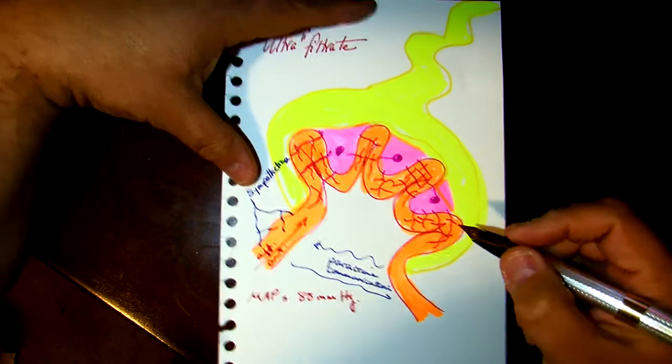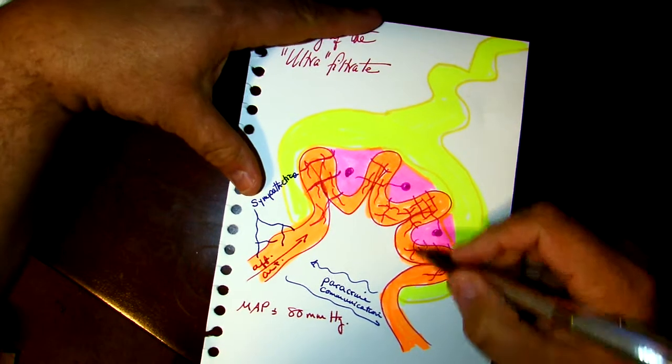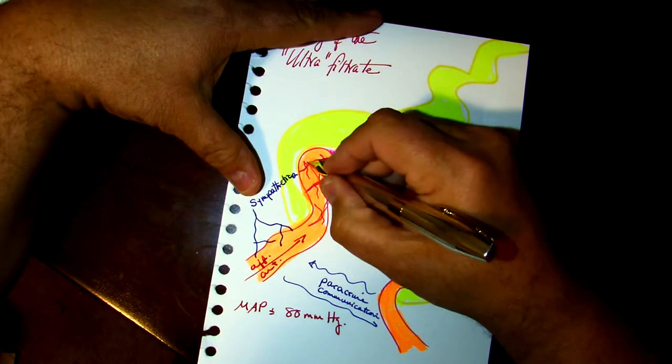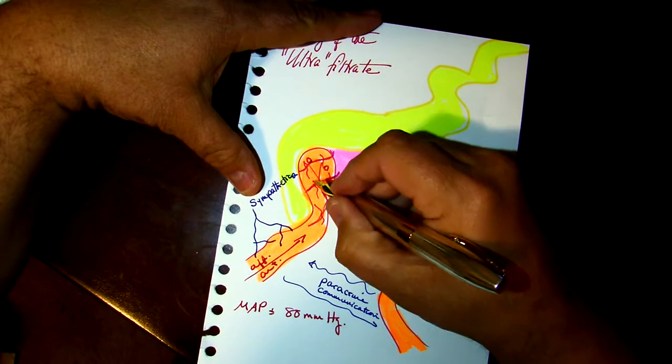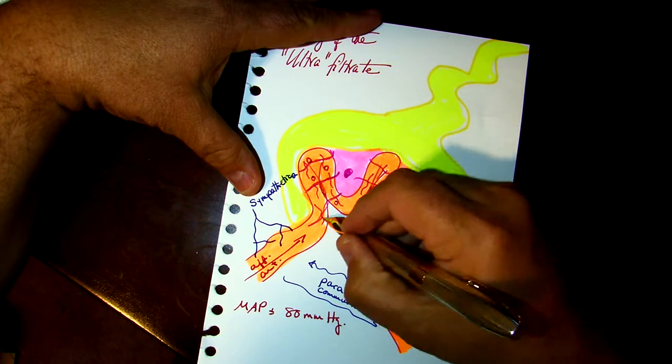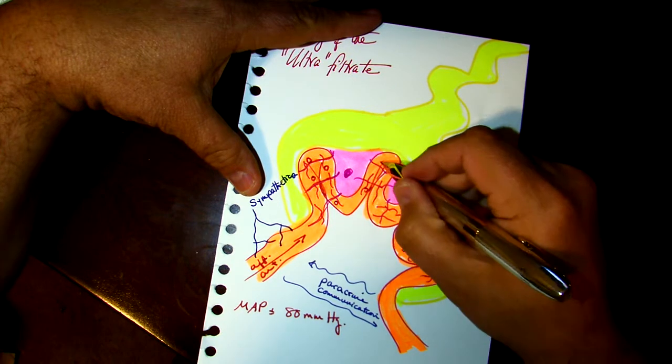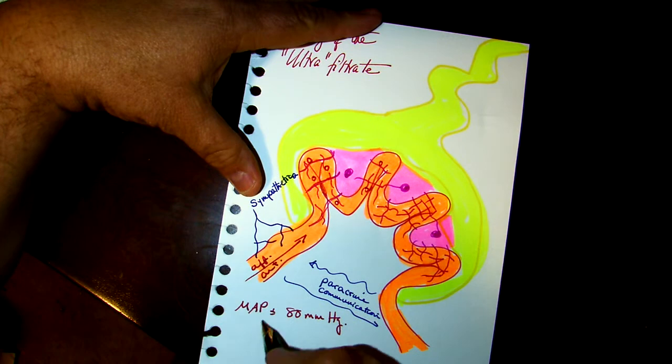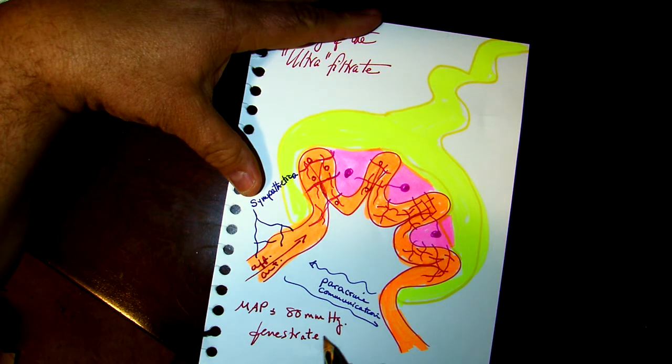The reason for its success is the fact that there are in fact fenestrations, windows as they are, in the capillaries that make up the glomerulus. These fenestrated capillaries can handle blood under high pressure.